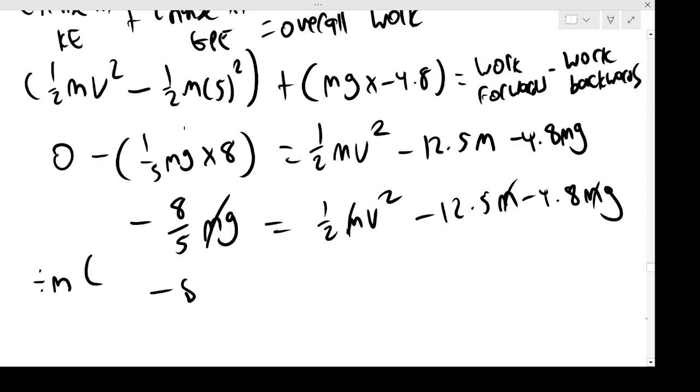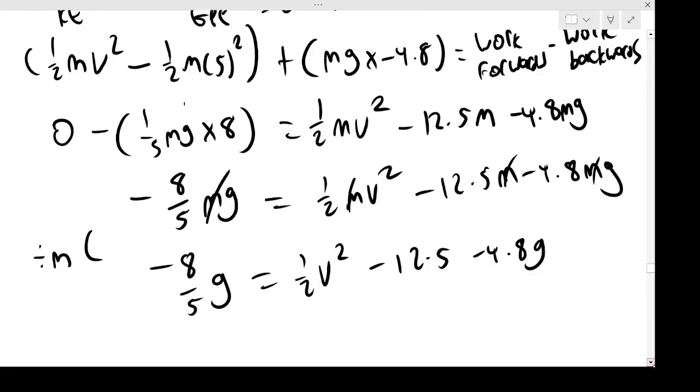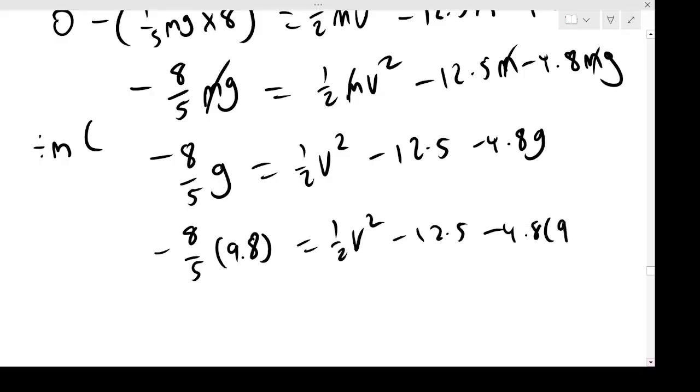So that goes to minus 8/5 g equals half v squared minus 12.5 minus 4.8 g. Now let's bring in g as 9.8: minus 8 over 5 of 9.8 equals half v squared minus 12.5 minus 4.8 lots of 9.8.